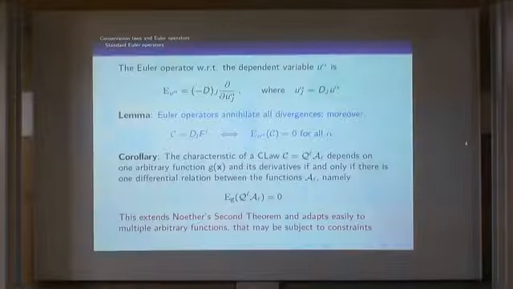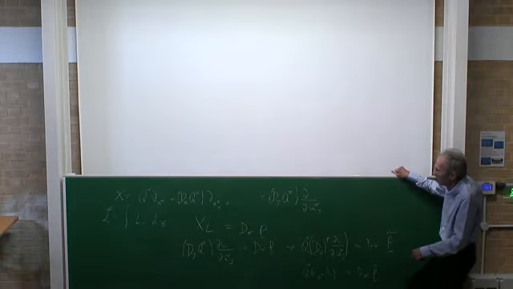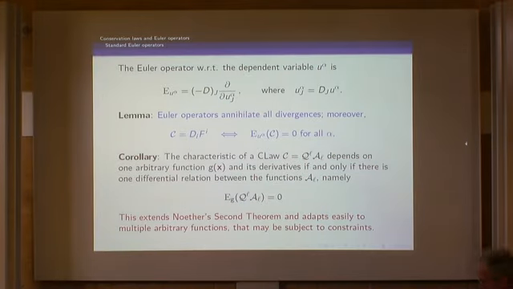Now, I ought to say that on the board here, I was dealing with Q's that generate symmetries. However, every conservation law has a characteristic, whether or not it's related to symmetries.